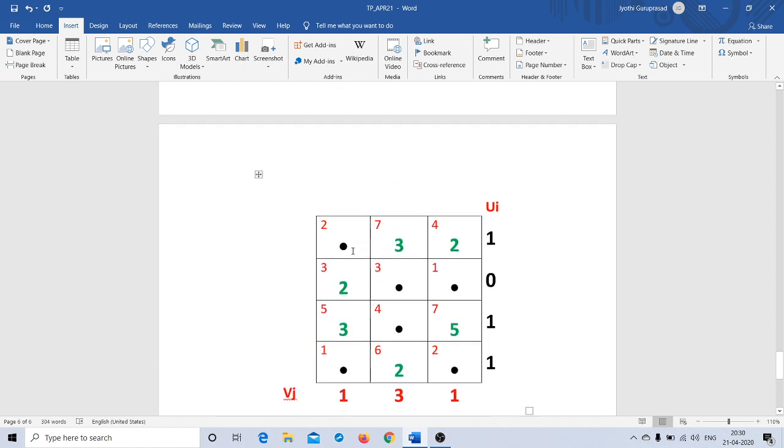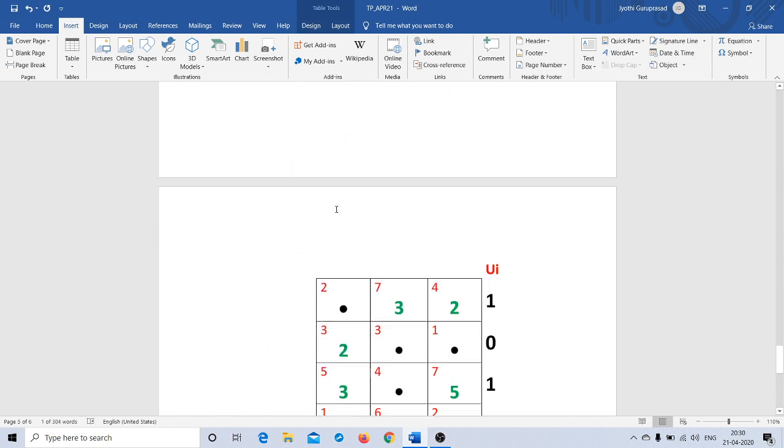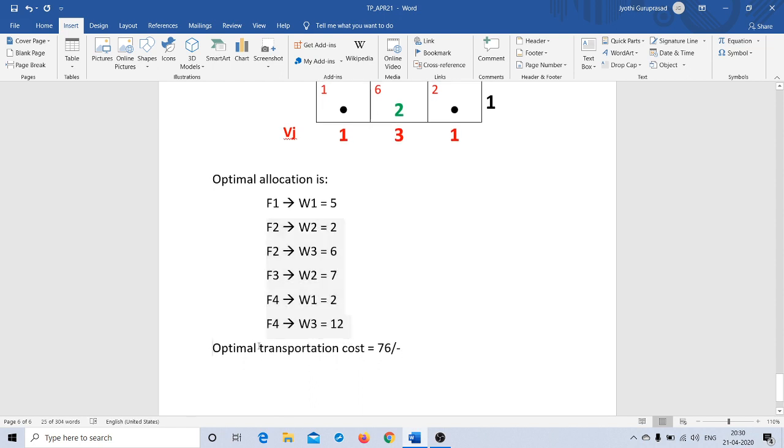For the first row, first column, the allocation is 5. That means, with respect to our original problem statement, factory F1 will ship 5 products to warehouse 1, and hence the allocation F1 W1 is equal to 5. And similarly you have the remaining allocations, and the optimal transportation cost for this problem is 76.